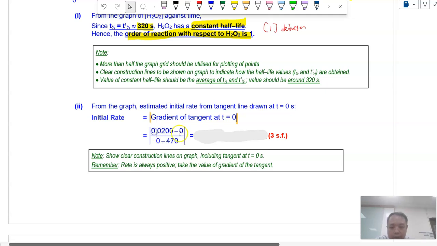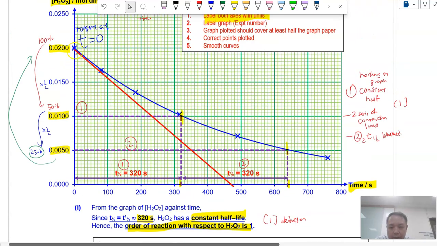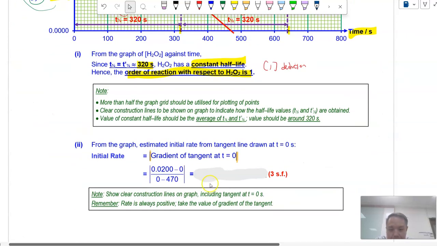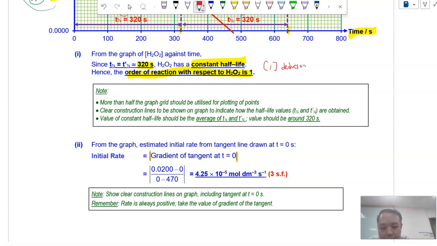So over here you can see what I'm doing. I'm basically taking the vertical distance 0.02 over the intersection of the x-axis, which is around 470. And with that I can get the rate of the reaction. Remember I said rate is a change in concentration per unit time.